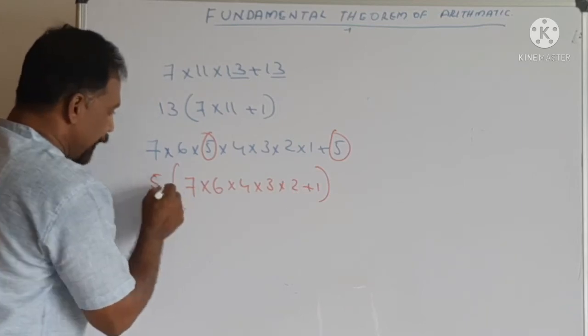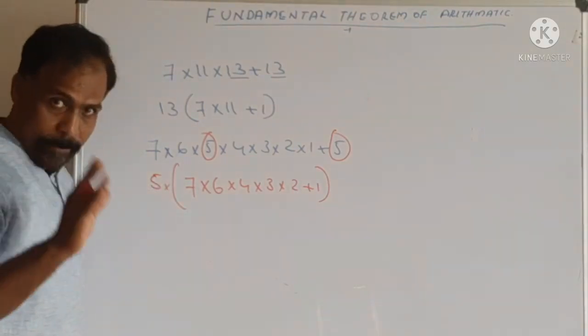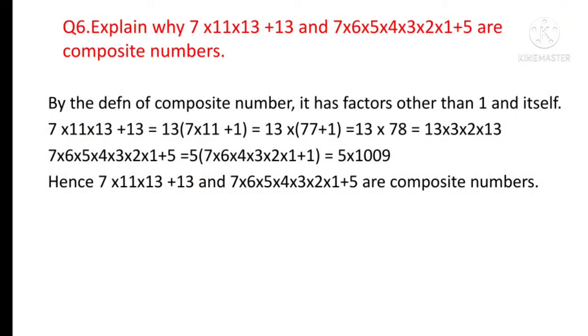That means it is a multiplication of two numbers other than the number and 1. So, it has more than two factors, so it will be a composite number. Since we know the definition of a composite number, it has more than two factors. So, these are composite numbers.